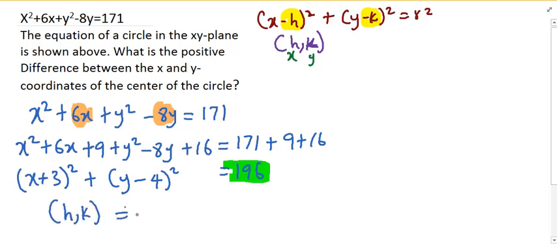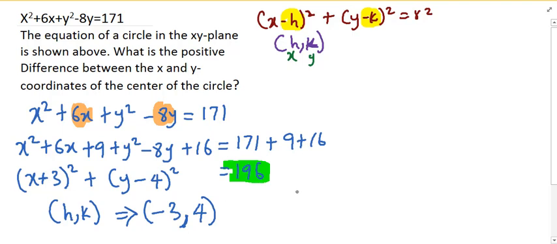H is x. Because x is positive here, x becomes negative 3. And the next one is k. Because k is negative here, it becomes positive 4. So they're asking for the positive difference between the x and y coordinates of the center of the circle.